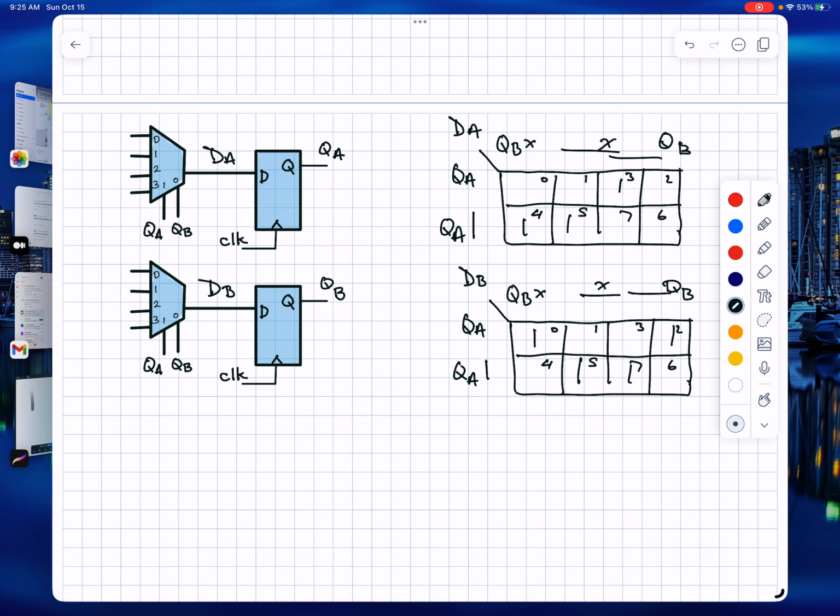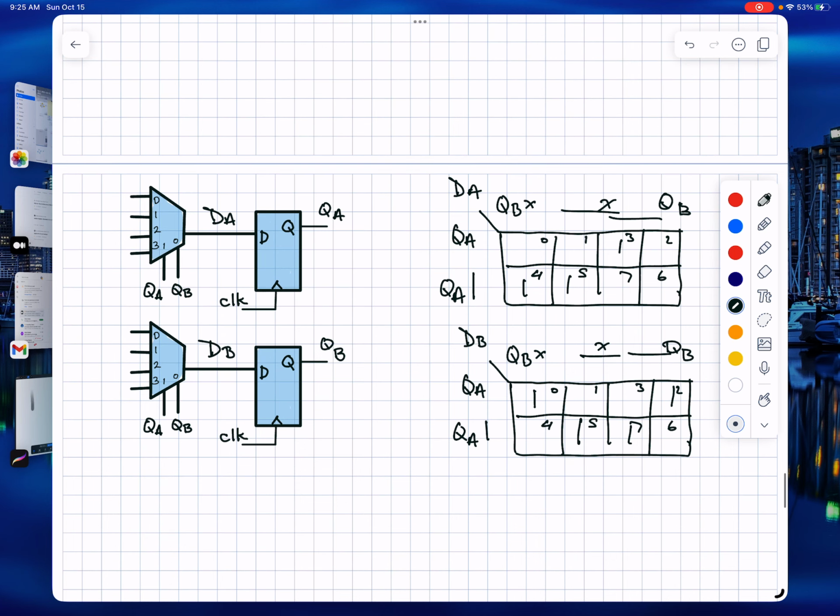The next step is to identify the appropriate squares in the Karnaugh map corresponding to the select lines in the two multiplexers. Okay, so let's go through that. To get started here, I'm going to put on the highlighter.